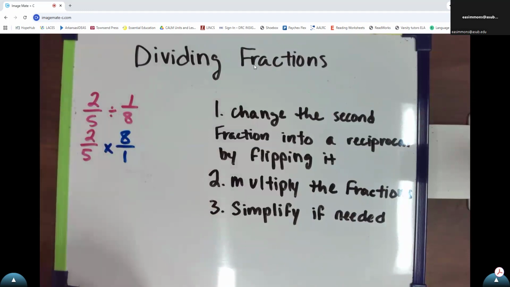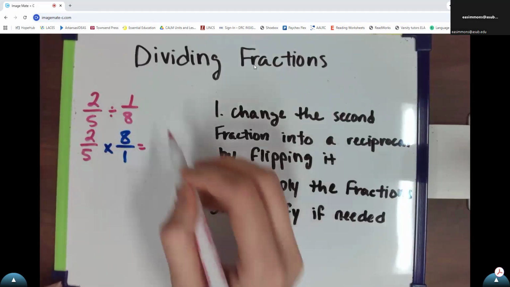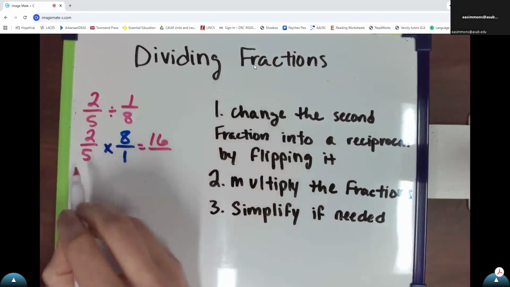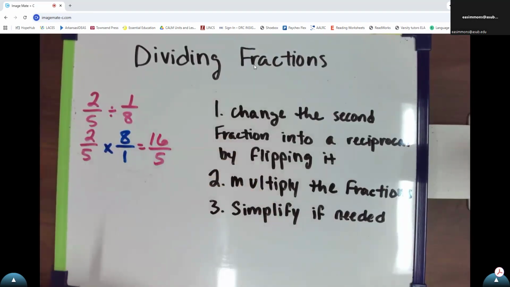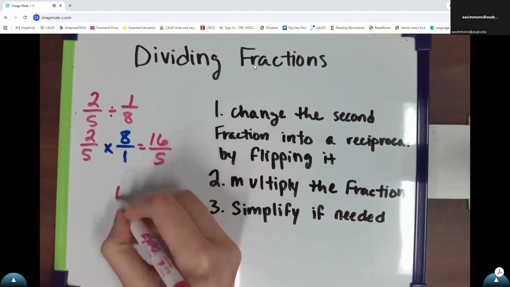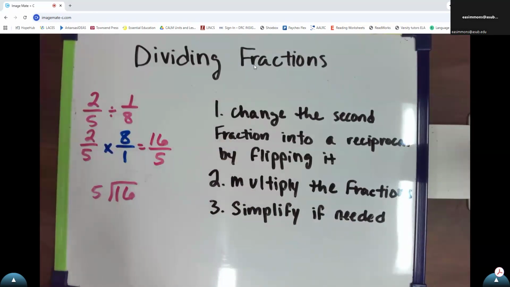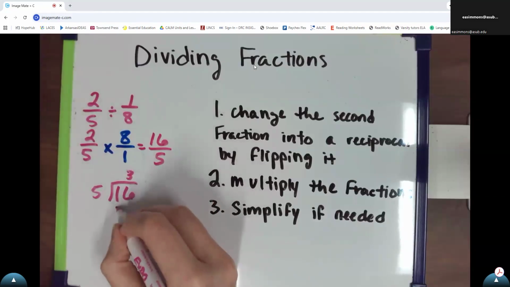So we do 2 times 8 for our multiplying to get 16, and 5 times 1 to get 5. Now, this is an improper fraction. Let's make a mixed number. 5 goes into 16 3 times, because 5 times 3 is 15.